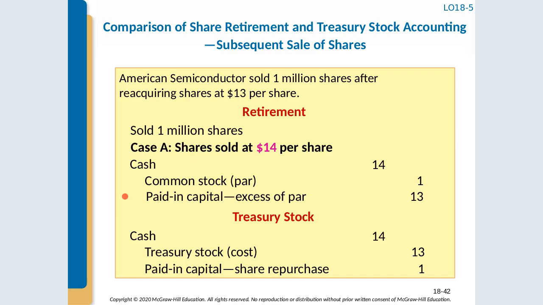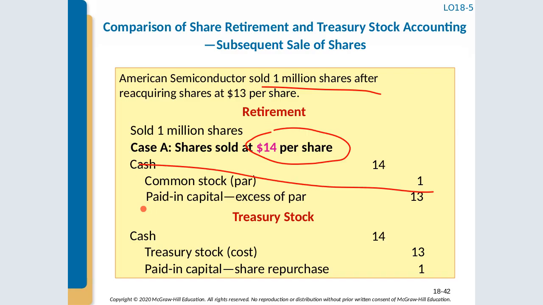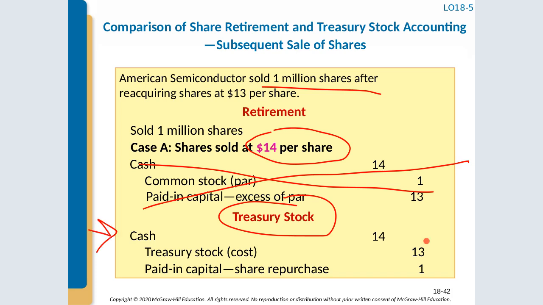Now we're going to take all those 1 million shares and sell them back to shareholders, but this time the price we're selling it for is $14 per share. We're doing treasury stock, so the cash we received is the amount of the market price of the share.